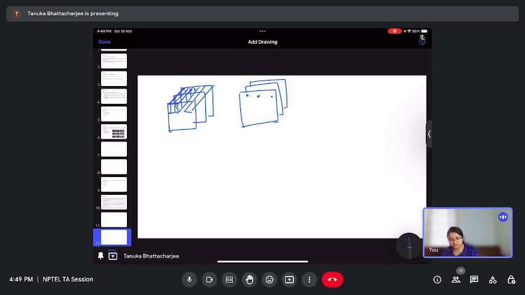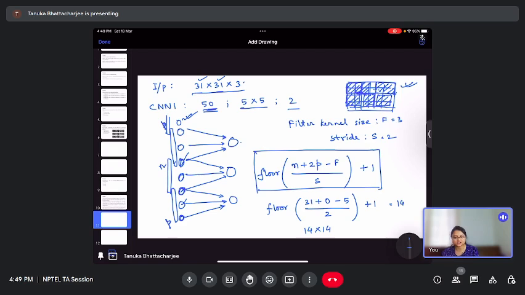So, you will get one 14 cross 14 matrix for each of the 50 filters, in total 14 cross 14 cross 50. This will be the dimension of the first convolutional layer, 14 cross 14 cross 50 from 31 cross 31 cross 3, because you have 50 filters. So, this third dimension goes to 50, and this 14 you have to compute based on the kernel, stride, zero padding, all those things.